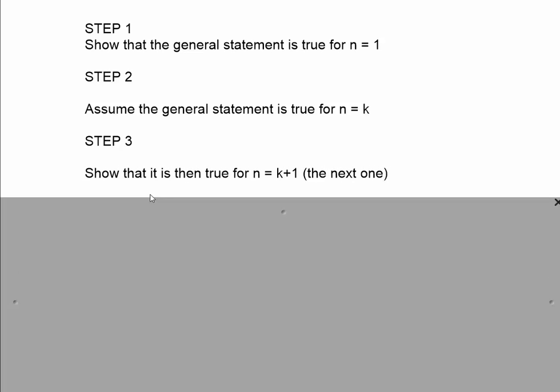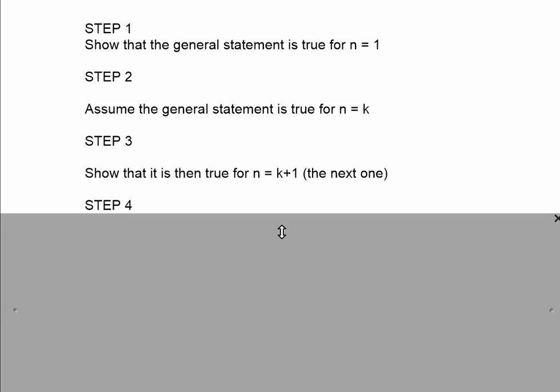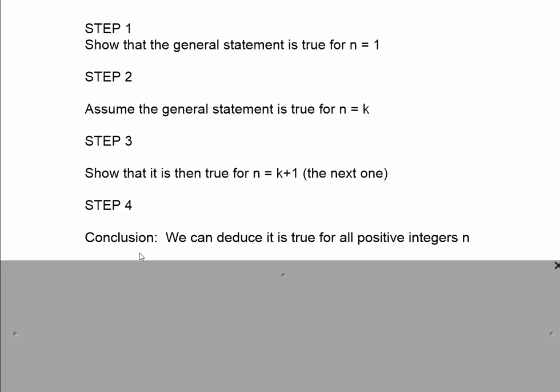Step 3, we show that if it's true for n is k, then it's also true for n equals k plus 1. So we're showing that it's true for the next one. And step 4, we write a conclusion. So we can deduce that it's true for all positive integers n.